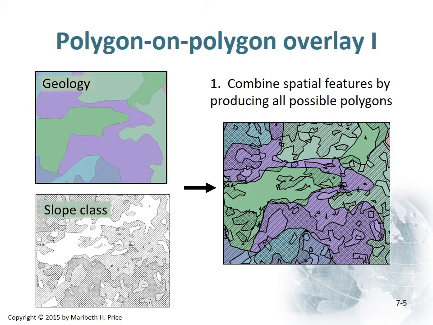So we'll know in the table and visually by looking at it just those things. If we're familiar with the data set, we'll know what geological unit it is, maybe what rock type it is, how old the rocks are, things like that, and then how steep the terrain is by knowing what the symbols for the slope class mean. And the table will contain all the information from both of those.